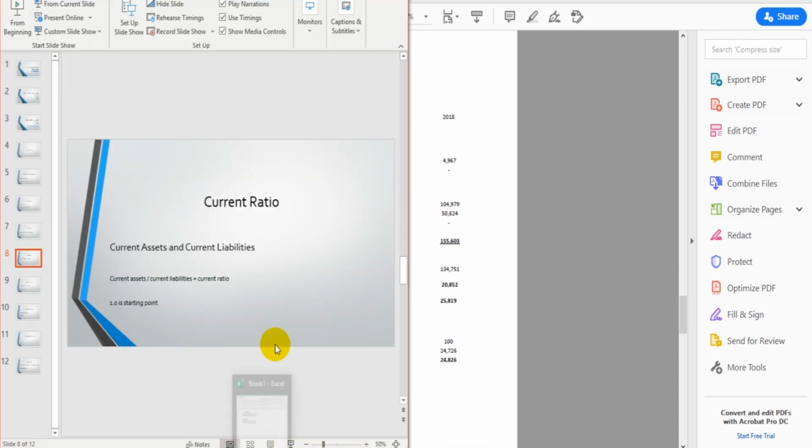So bringing up current ratio, current assets and current liabilities. The whole point of the current ratio is to see if the current assets of the company or entity meet the obligations of the current liabilities.